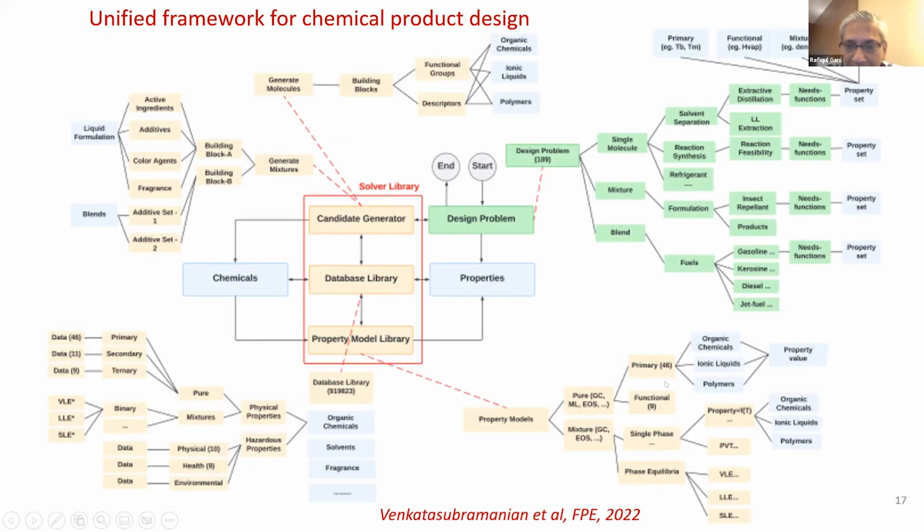The property library has a classification of knowledge of different kinds of property models that are needed for different properties. And then for each type of model, what are the different paths to them? Pure compound property, mixture property, phase equilibrium property, and so on.